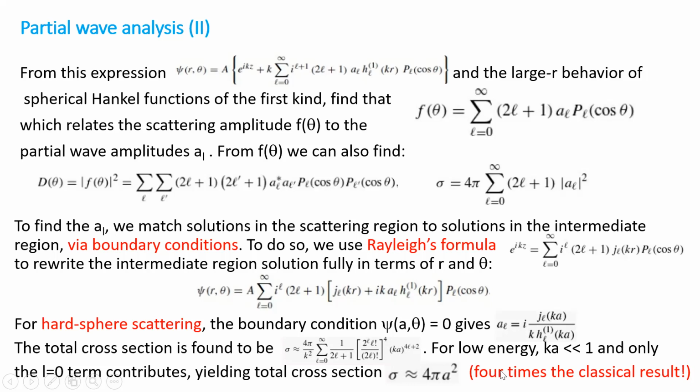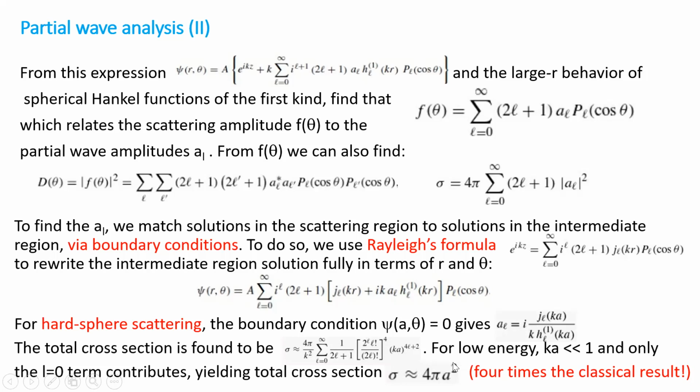This is actually 4 times the classical result. You remember in the classical result, when we were talking about the marble, the total scattering cross section was just the area of a circle with the radius of the marble. In this case, it was pi r squared before, it would be pi a squared here. But here it's 4 pi a squared, which is the total surface area of the marble.